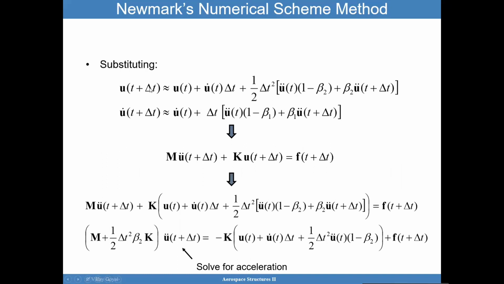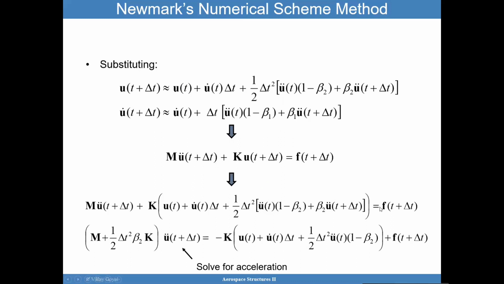So this is what I had. I had the approximation for u, the approximation for u dot, and my plan is to substitute it into this equation. So this term is this one on the left-hand side. K times u at t plus delta t, we've replaced fully by this whole term. You can see that here. I've done that. Fully replaced.